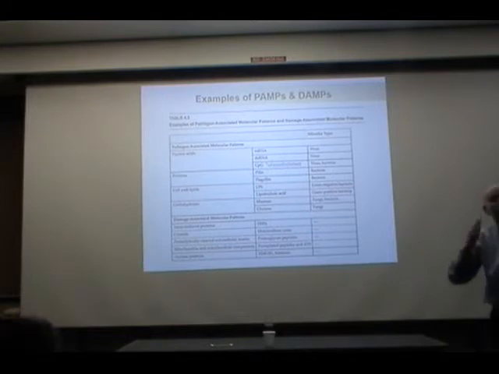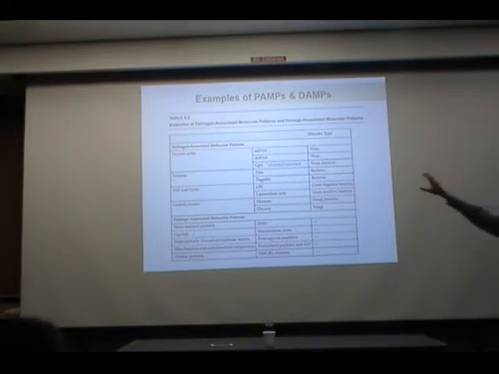And DAMP stands for damage-associated molecular pattern. Again, one big toe, we need to get things angry. When you step on the rusty nail, the other big toe, we damage the cells, we didn't infect them. We need to get those cells angry too. So we have PAMPs, which are associated with the bug, and DAMPs, which are parts of the human body that are normally not exposed. And when they are exposed, it's a signal that something went south.